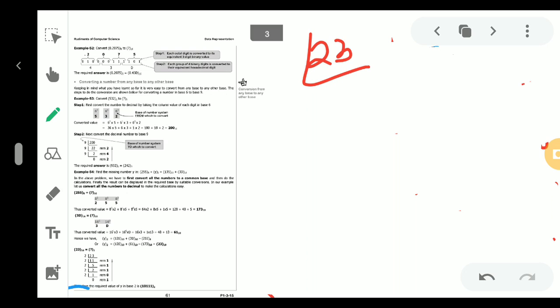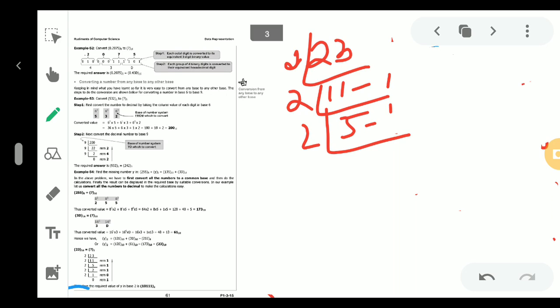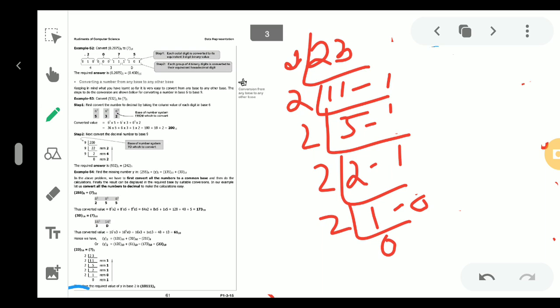Okay, so what you have to do, divide it by 2, that is 11 and remainder 1, and again you divide it by 2, 5 and remainder 1, and so on. So the answer is 1 0 1 1 1.